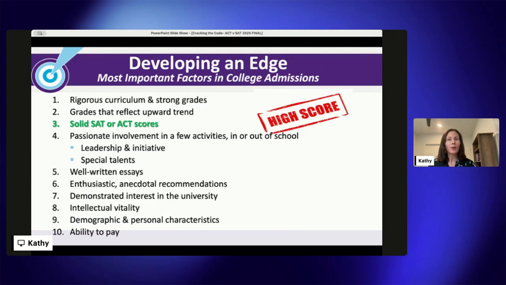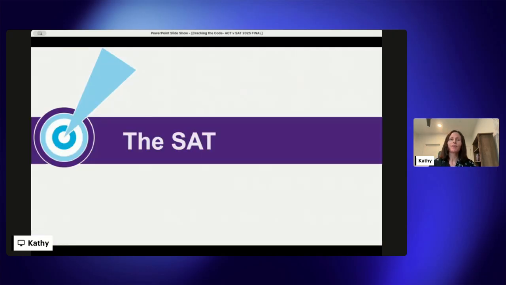Sometimes they have a few middle school classes that counted towards those ninth grade classes also appearing on their transcript. So colleges do understand that they're looking at that record that you accumulated over 3 years. And they're certainly looking for grades that reflect an upward trend. Now, a strong SAT or ACT score kind of rounds out that academic piece, and shows that you were ready to handle the challenges of a college education.